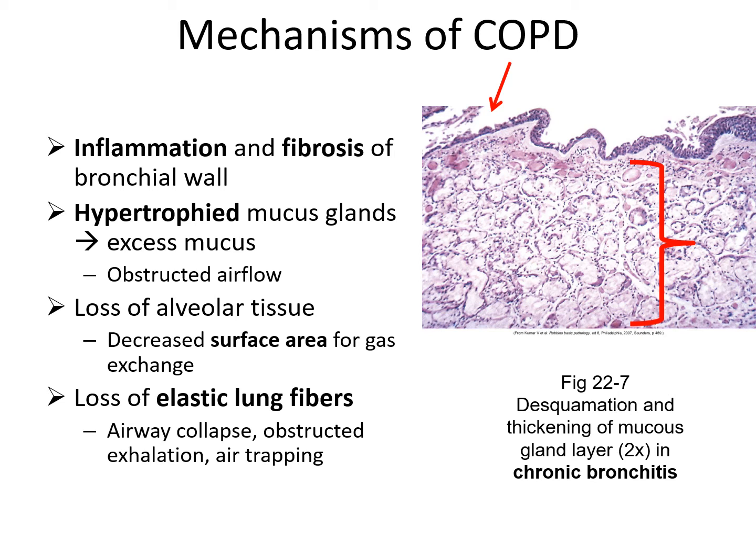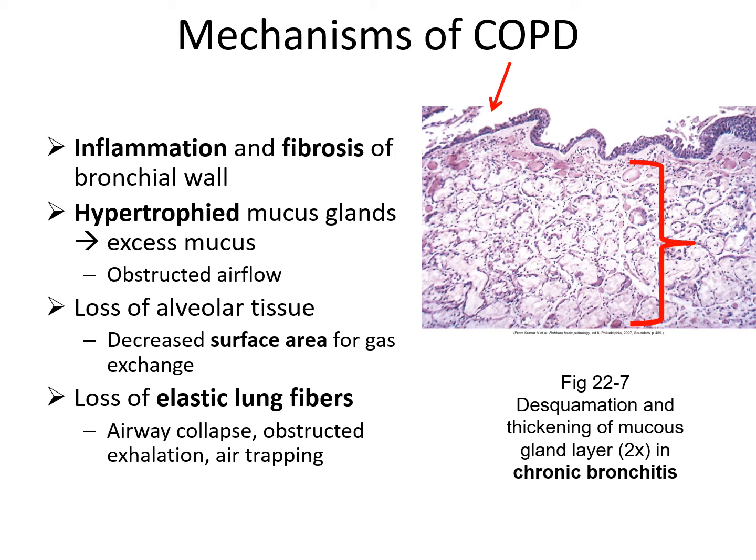We also have hypertrophied mucus glands. That's one problem that we're going to have. If we look over here on the slide on the right-hand side, you can see some mucus production, but lots of mucus production in this glandular area. So again, much like we saw in asthma, we get excess mucus that's produced.